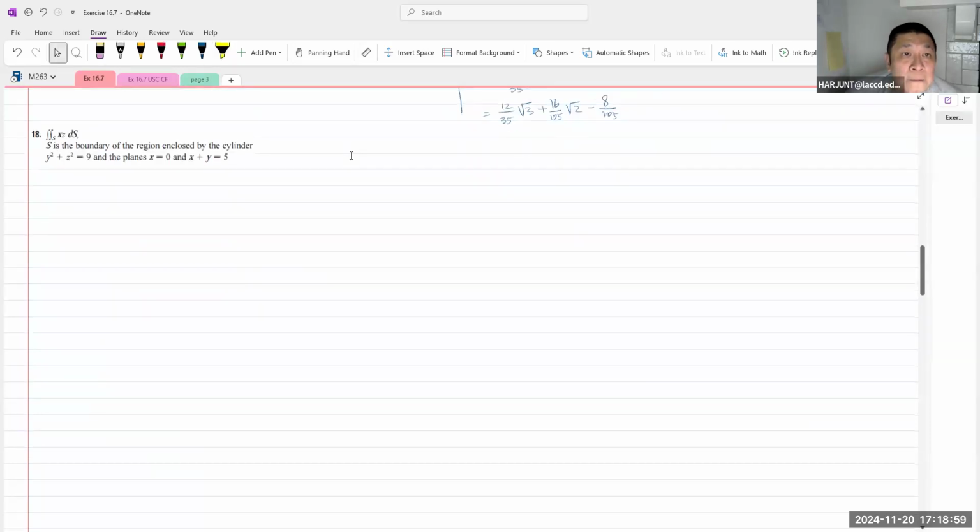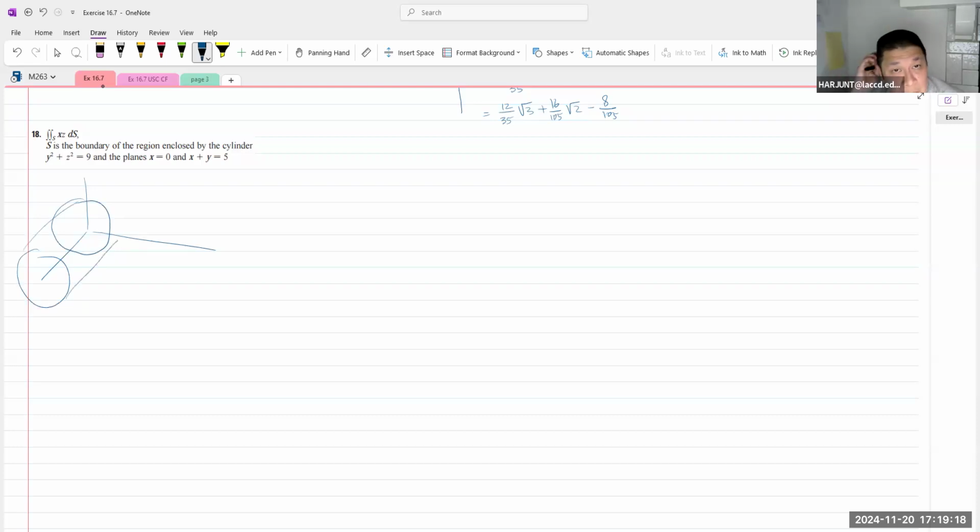Okay, number 18. Double integral of x z dS, and S is the boundary of the region enclosed by the cylinder. I think I need to sketch this. The cylinder y squared plus z squared equals 9, so it is parallel to the x-axis. Okay, and the planes x equals 0, so this is the one on the yz plane, and x plus y equals 5.